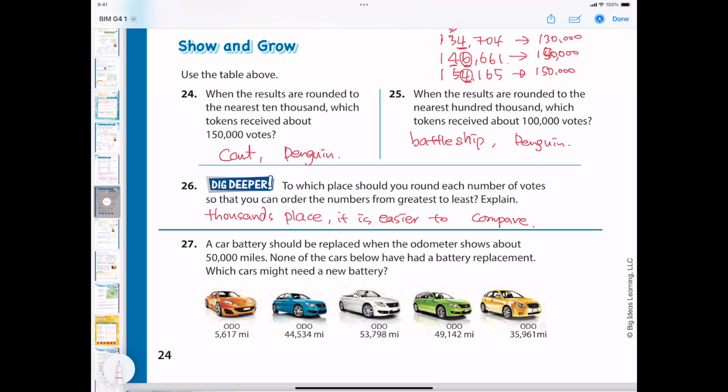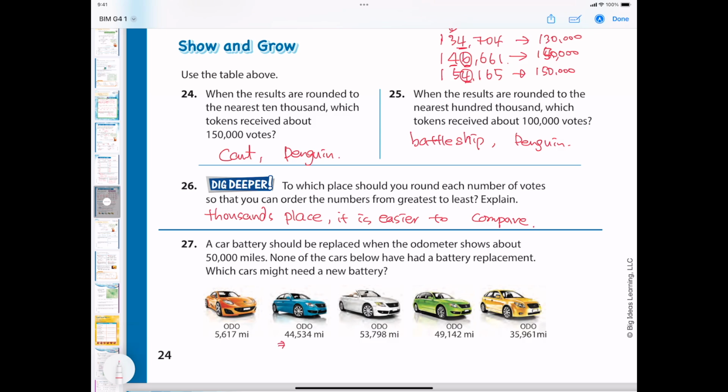So now we are going to see which number, when we round to the nearest 10,000, is going to be 50,000. The first car is brand new, so it has a new battery.